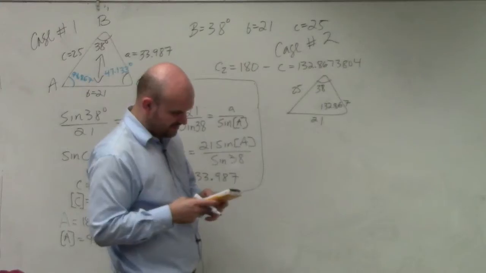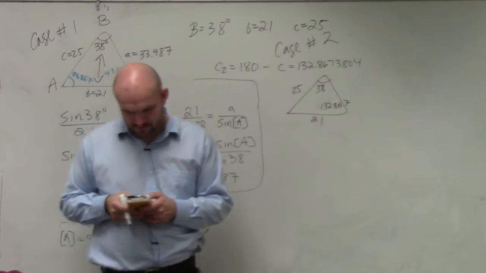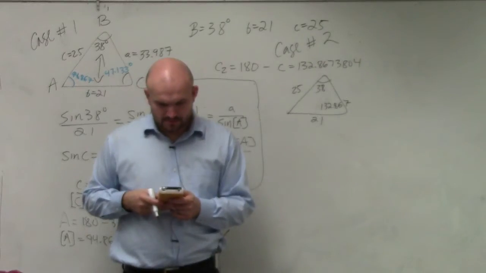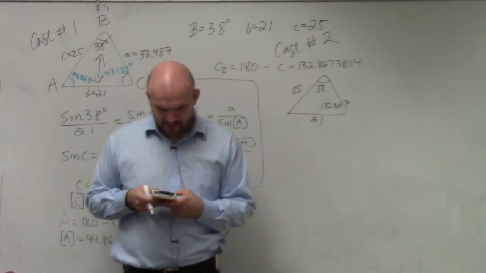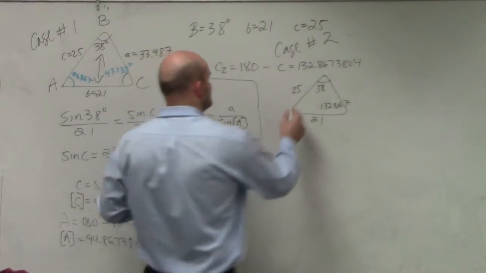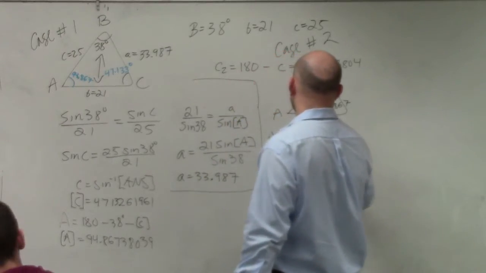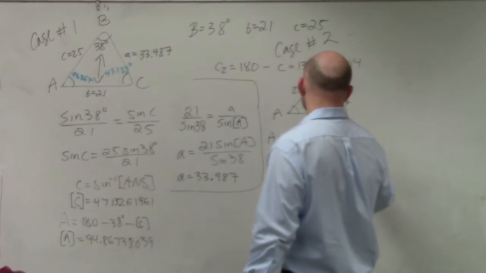Store as alpha C. OK. Store as alpha C. Good. Now, to figure out what A is going to equal, 180 minus my new stored C.